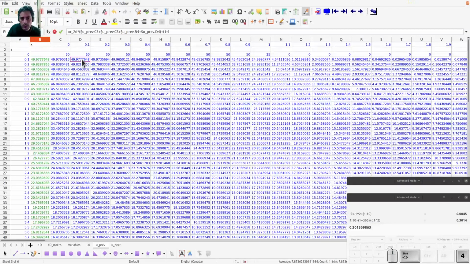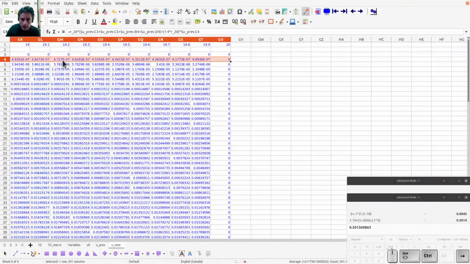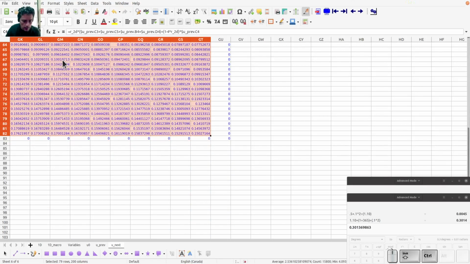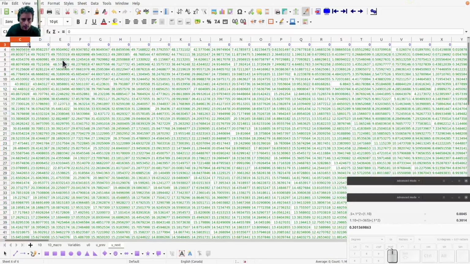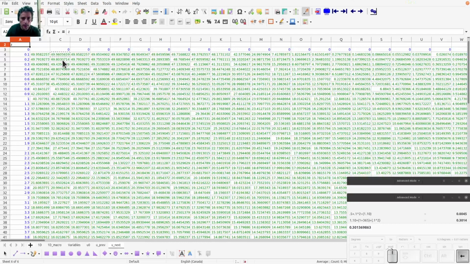Plus 1 minus 4 times R2D times itself in the previous case. And that, in theory, is it. Okay.